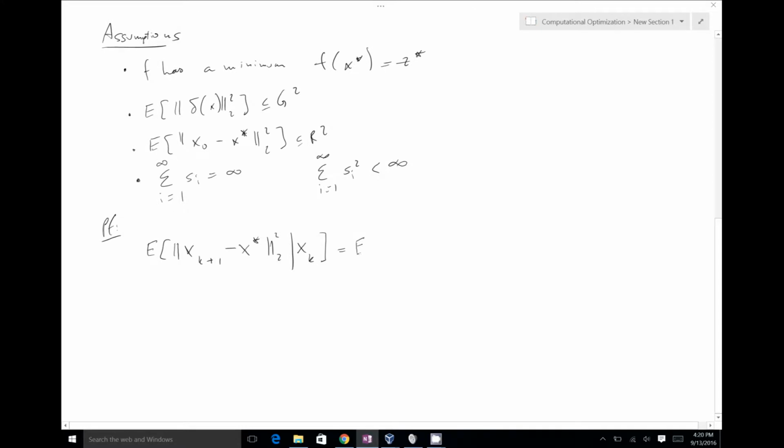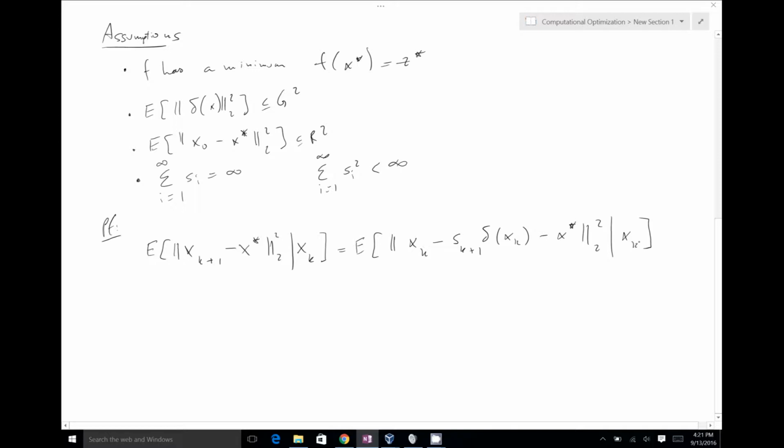That's equal to the expectation of the norm of xk minus s_{k+1} times this stochastic subgradient at xk, minus x star, and the norm of this whole thing, and I'm looking at the expectation of that given xk. Okay, so I hope that makes sense to everybody. It's just a straight substitution right there.